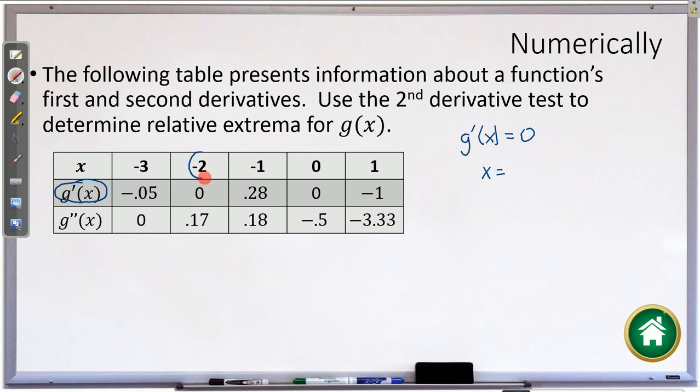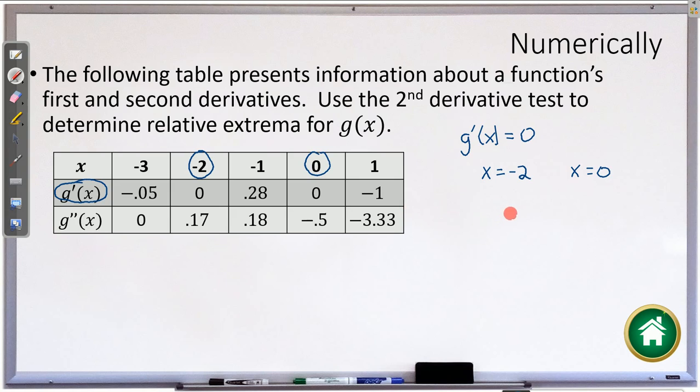What is the x value? Negative 2. So when you plug in negative 2 to the derivative, you get 0. It actually happens one more time right here. So we solved the derivative equal to 0. Hopefully you can see that's easier because there's no actual solving that you have to do. You just have to look up the information on the table.